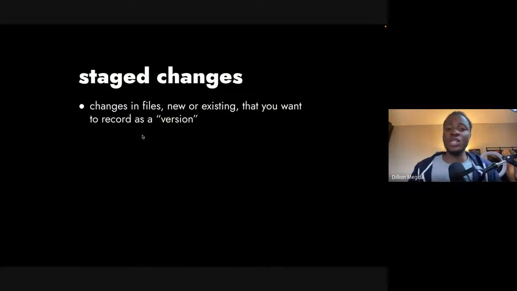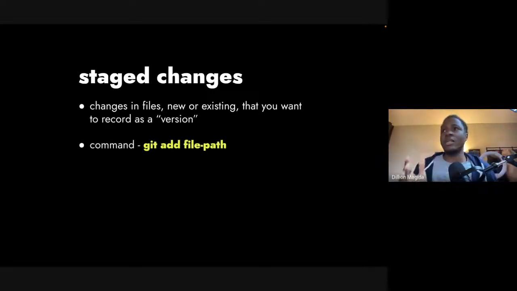So with staged changes, you are able to prepare the files that you want to add to a new version. And the command for staging changes is git add, and then the file that you want to add to your staging area.